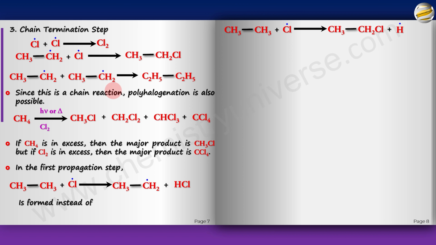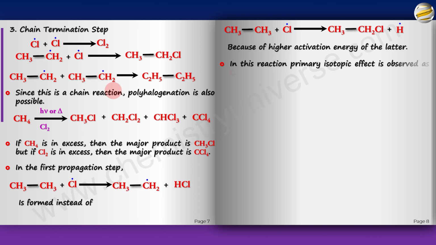That is because the activation energy for this is much higher. Obviously, in this reaction, a primary isotopic effect is observed because the C-H bond is breaking, and CH4 reacts 12 times faster than CD4. And the reactivity of halogen is in this order because they are very reactive F dots.